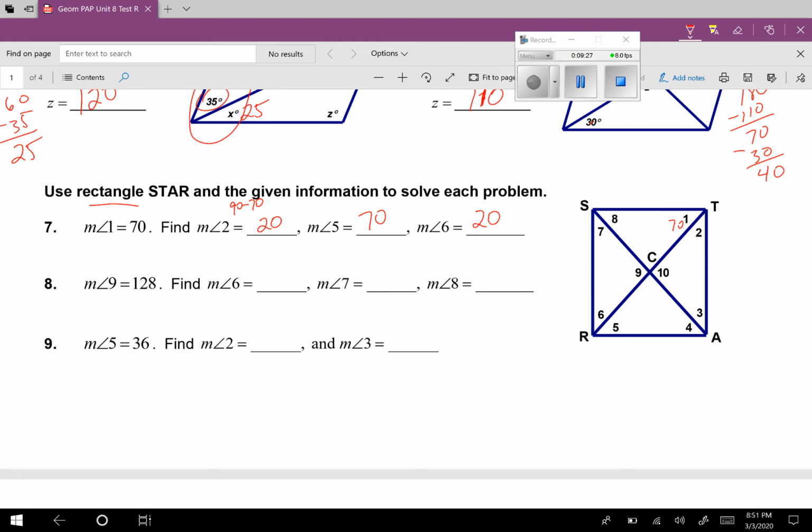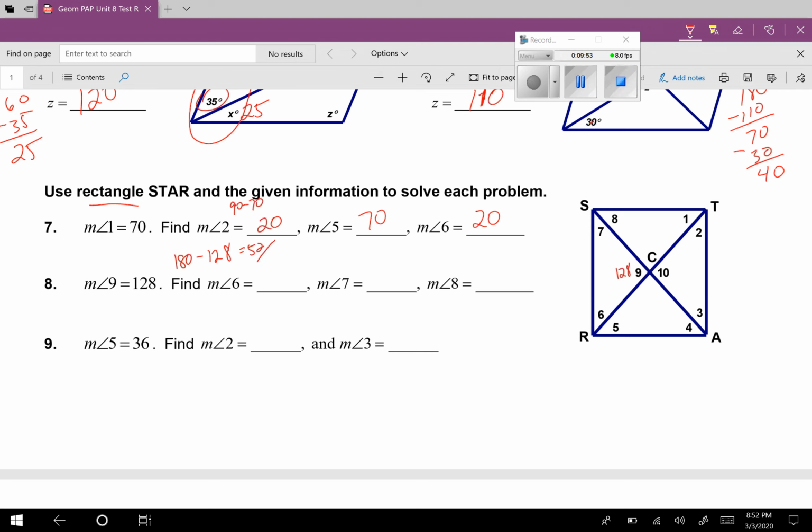So there we go. It says the measure of angle 9 is 128. Find the measure of angle 6. Okay, so we do 180 minus 128. And so you get 52.